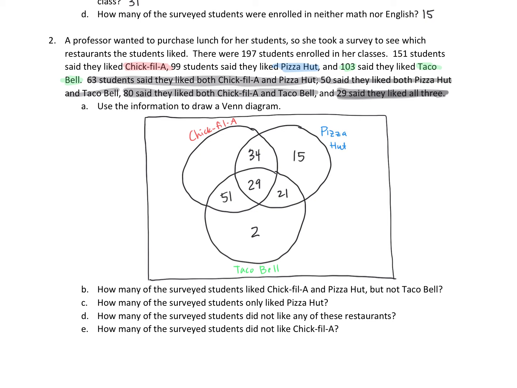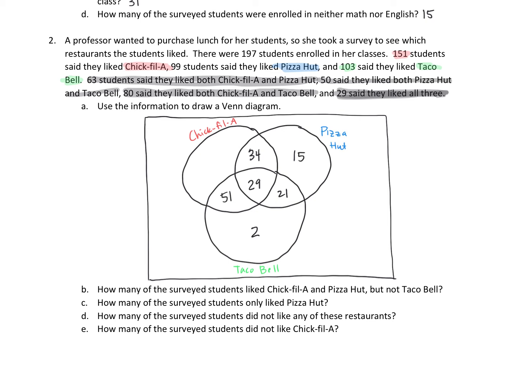All right, now Chick-fil-A. So how many like Chick-fil-A? 151 said they liked Chick-fil-A. So that means all of these, the sections within that big Chick-fil-A circle, have to add up to 151. So let's add up what we have so far. We have 51, 29, and 34. It looks like 114.